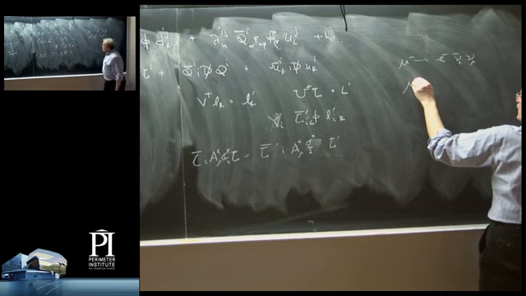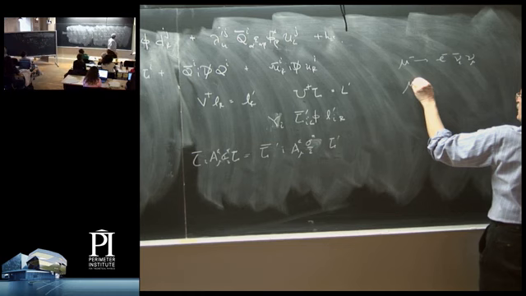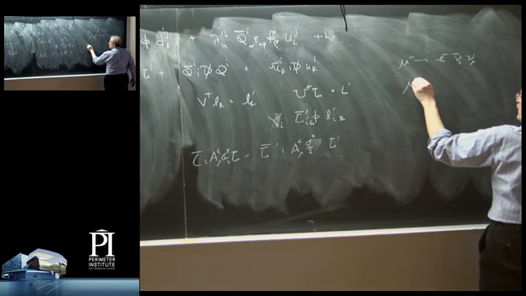Okay. Well, now we can do the same thing for quarks and leptons. In the same way that I did here, I could write, please excuse me, U lambda d is equal to UD times YD times V dagger d.